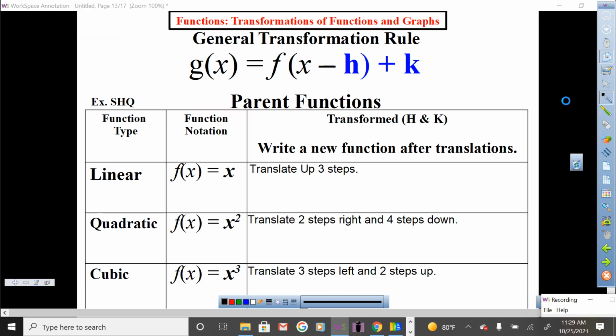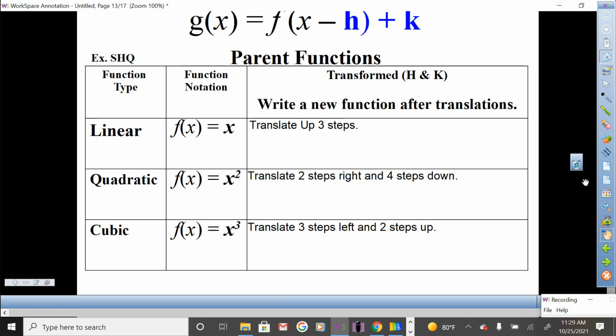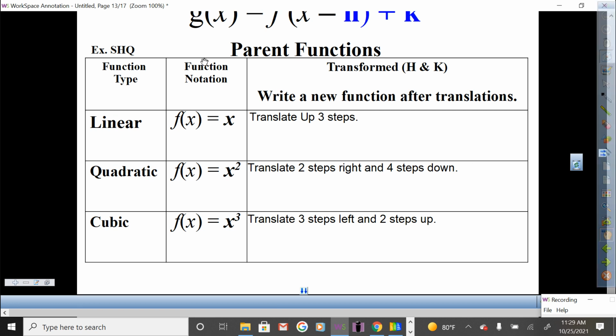So here we go. We still agree that we're on this general form, yes? h and k are parameters, okay? So what table did I give you? I gave you a table of parent functions. So from this point forward, these functions are going to be the functions that we're going to be working with throughout the transformations. Okay? Yes?